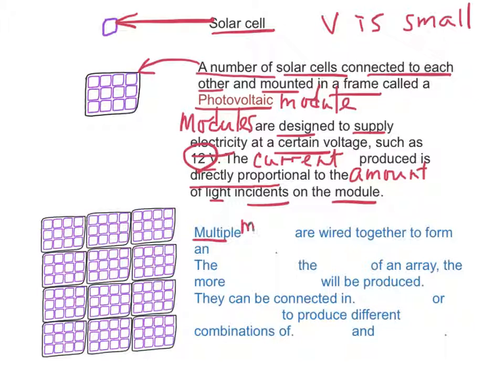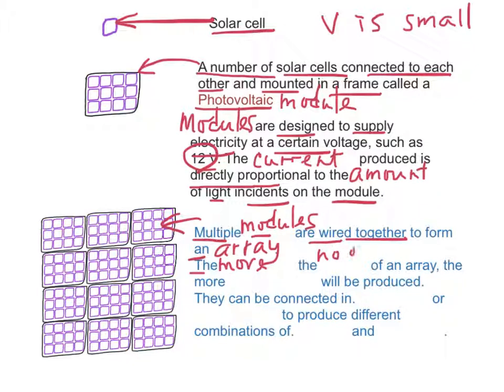Multiple modules are wired together to form an array. The more modules in an array, the more solar power will be produced.